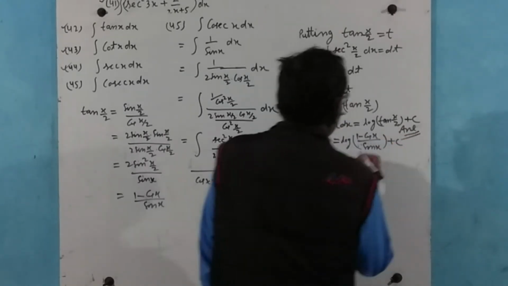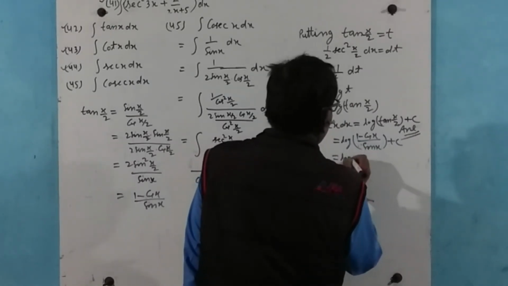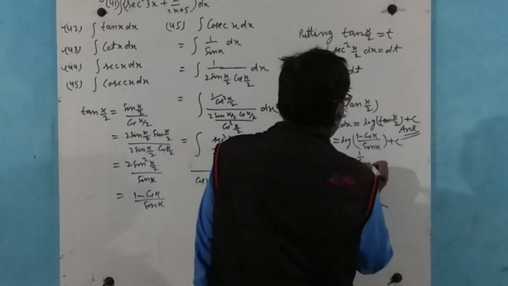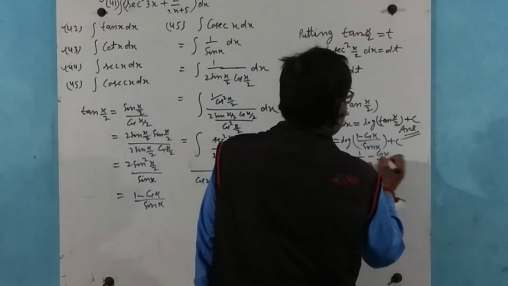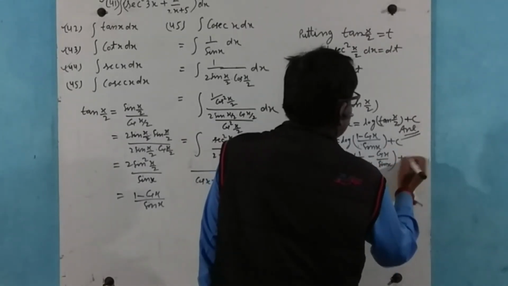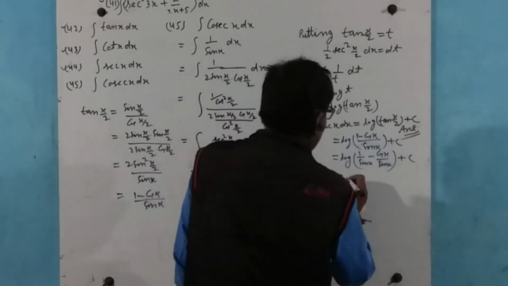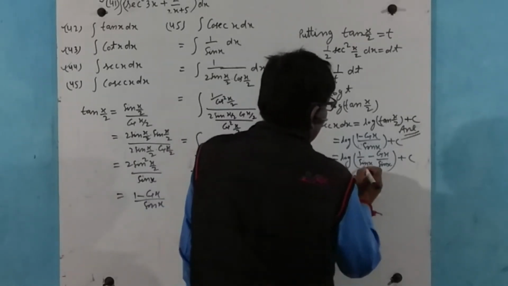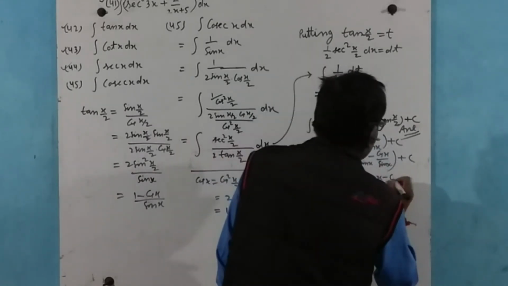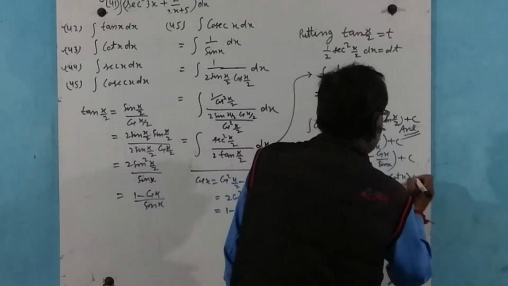That is log of 1 by sin x minus cos x by sin x, plus c, which is also equal to log of cosec x minus cot x plus c.